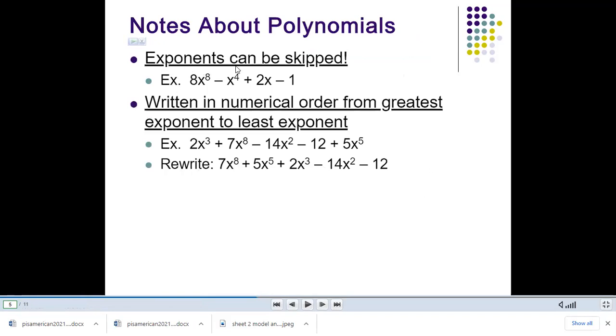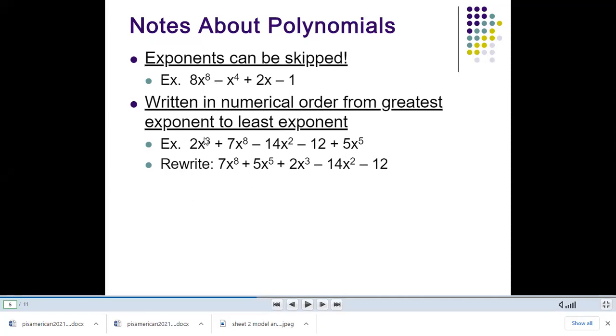Then, exponents can be skipped, like what? 8x to the power of 8 minus x to the power of 4 plus 2x minus 1. It is written in numerical order from greatest exponent to least exponent.